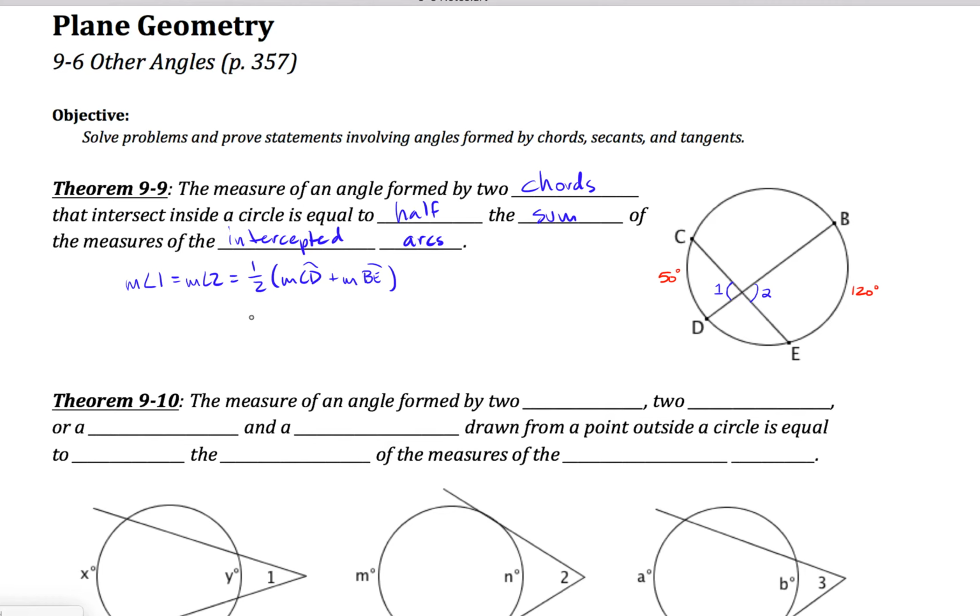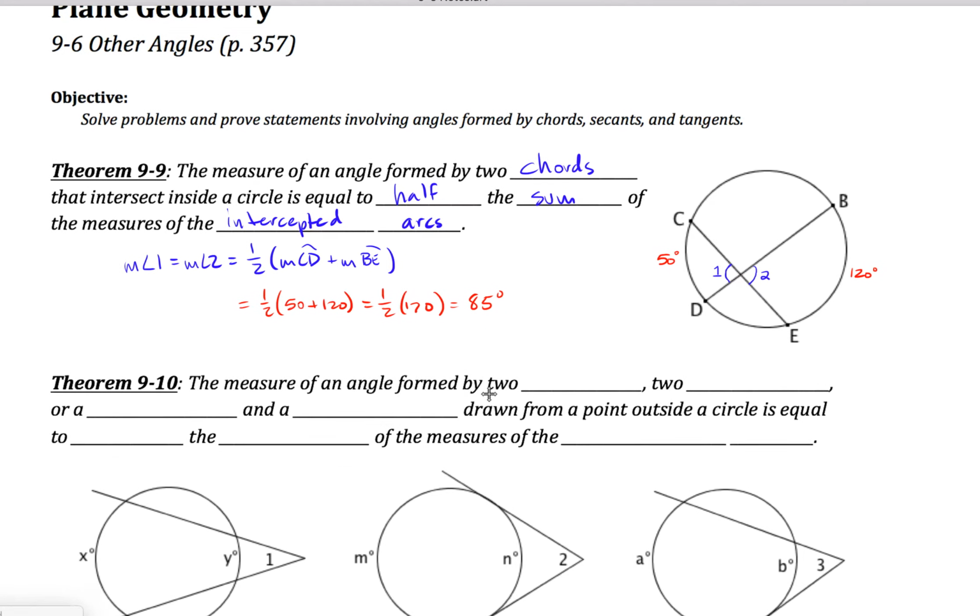Then angle 1's measure would be half of 50 plus 120, which would mean it's half of 170 degrees, which would mean that it's 85 degrees. So angle 1 would be 85, and that would be the same as angle 2 because they're vertical angles. So that's the idea in theorem 9-9.